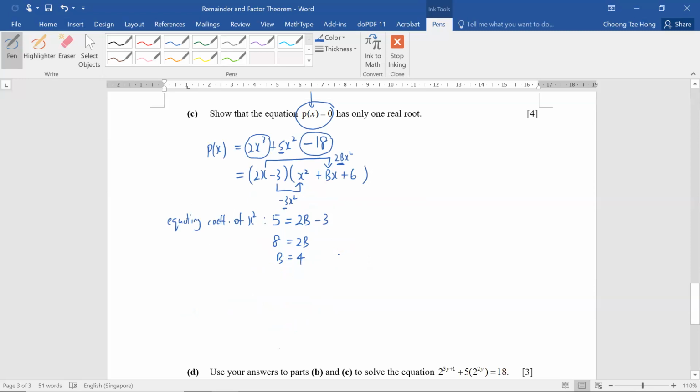So now our P(x) becomes 2x minus 3 times x squared plus 4x plus 6. Now we want to solve P(x) equals 0.